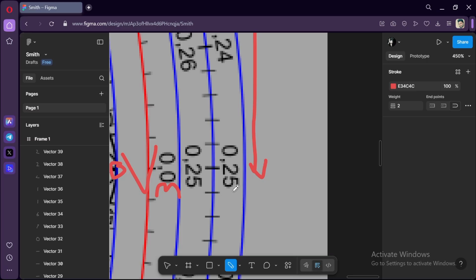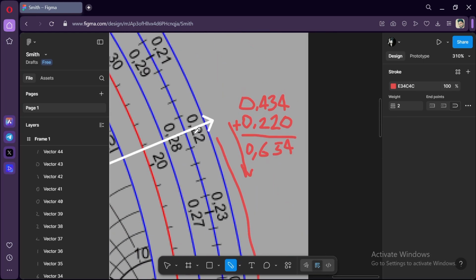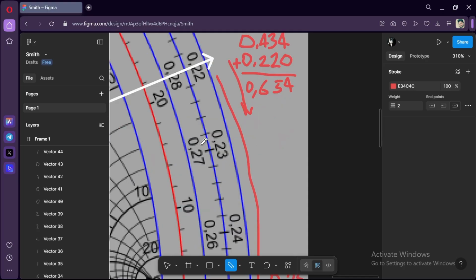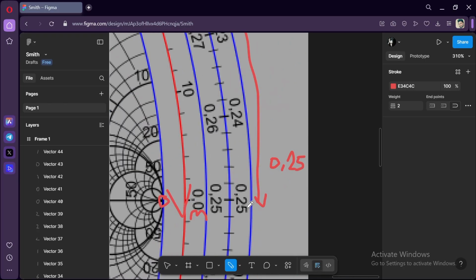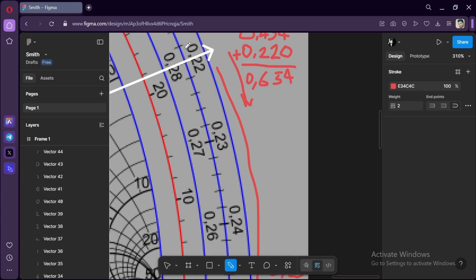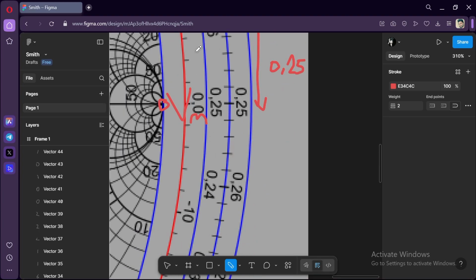We know the value of this point Vmax, which is 0.25, and also we know the value of this point, 0.22. We will subtract this value from this value because it is increasing.